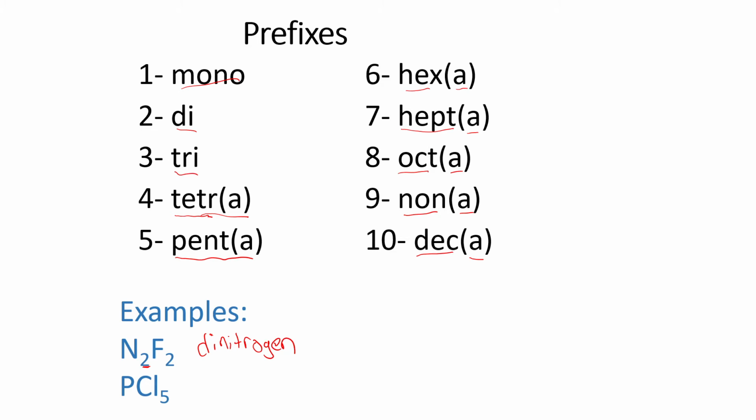The difference here between ionic and covalent is ionic does not get prefixes, covalent does. So I have 2 fluorines. I'm going to drop the last syllable of fluorine and make it an ide, so fluorine will become fluoride. And I have 2 of them, and the prefix for 2 is di. So the name for N2F2 is dinitrogen difluoride.